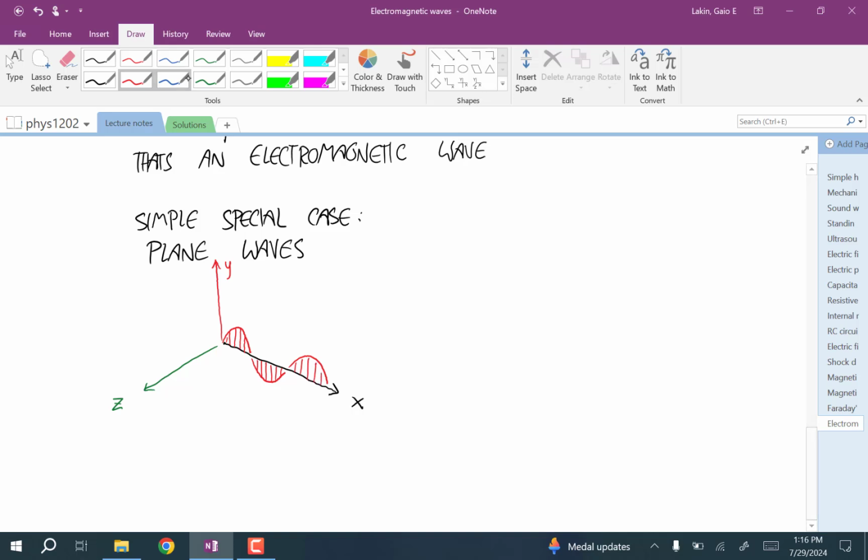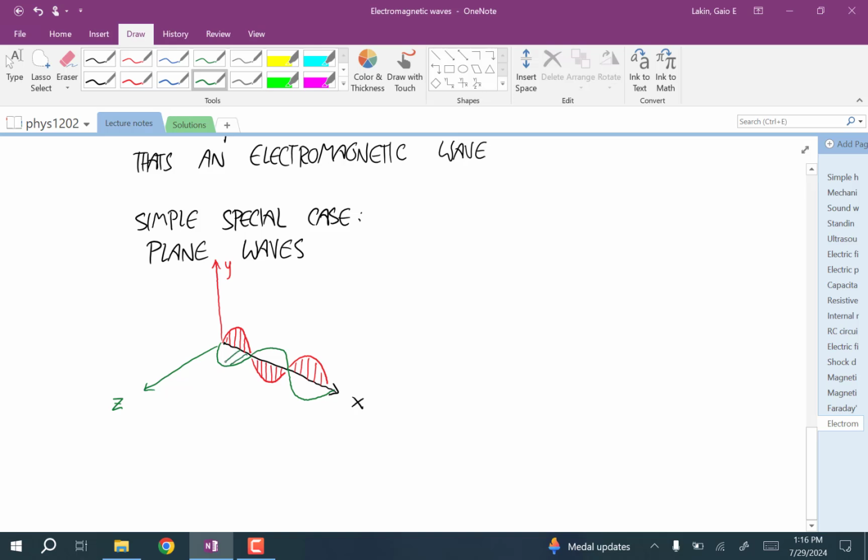And in sync with those, you're going to get magnetic field vectors. And remember, those are perpendicular to these electric field vectors.